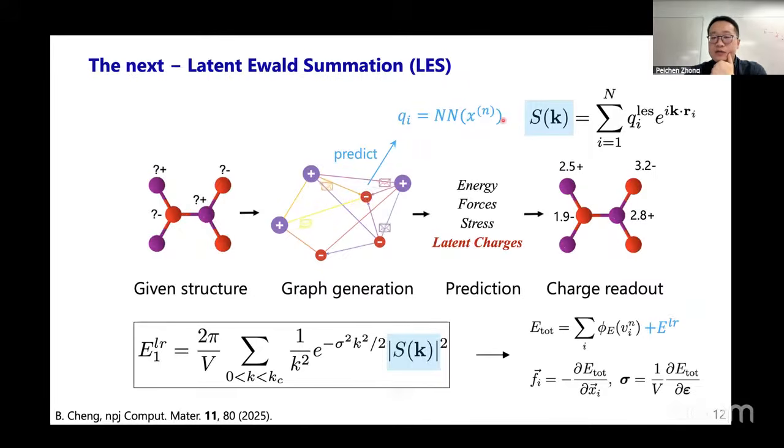Based on this latent charge, you can calculate the structure factor and use it to compute the long range interactions. Adding these long range interactions back to the total energy, the total energy has a long range energy part. Then take the derivatives to get the interatomic force and stress. Then the simulation has the perception of the whole periodic system. And this is how the long range can be captured.